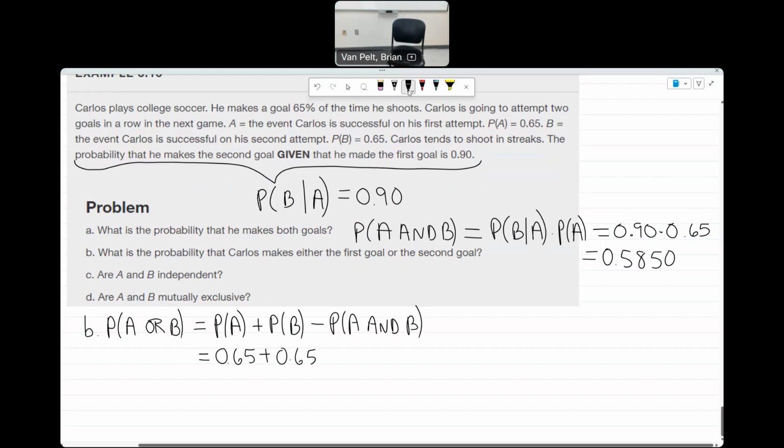Now, keep in mind as I'm doing this problem, right now this answer is adding up to be more than 1. That's not possible in a probability. That means I've got to have something that'll bring that back down to less than 1. That's this guy right here.